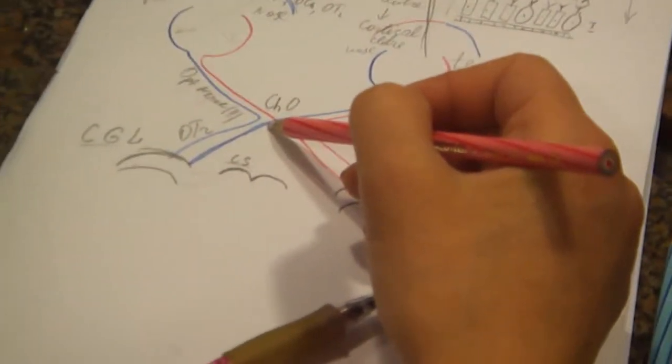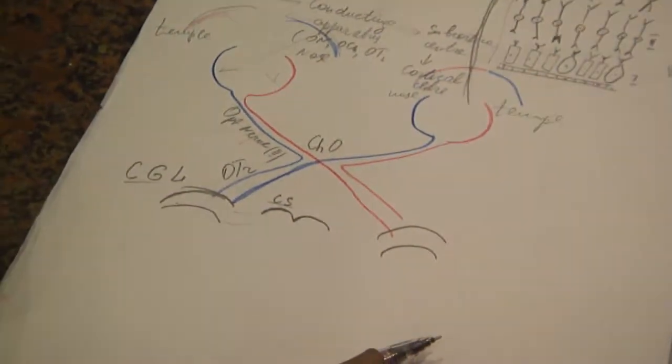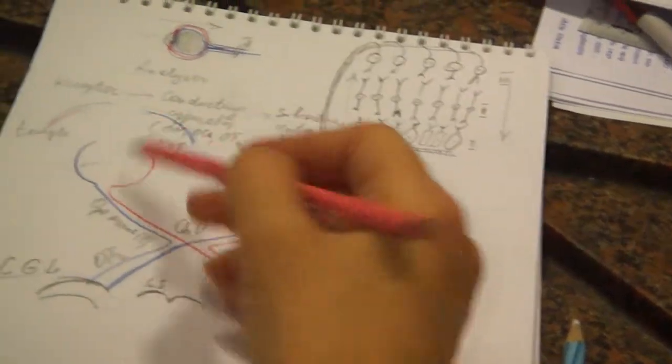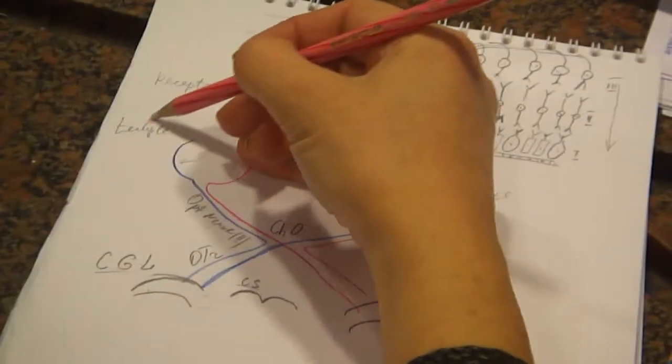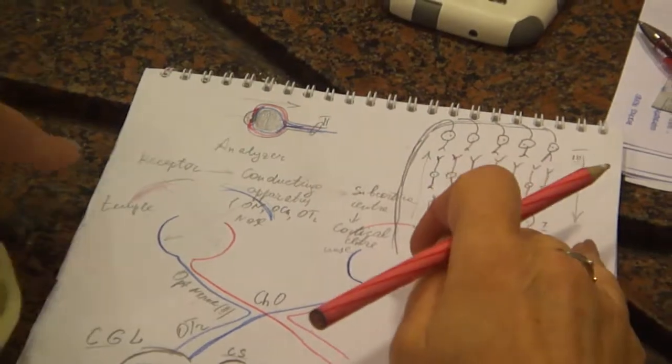Tumor in this region, what parts of the field? How do ophthalmologists check these fields? They take a pen and say, can you see, yes or no. Then if this part is compressed, what part is destroyed? Here you don't see, temple, see, not see. These two.